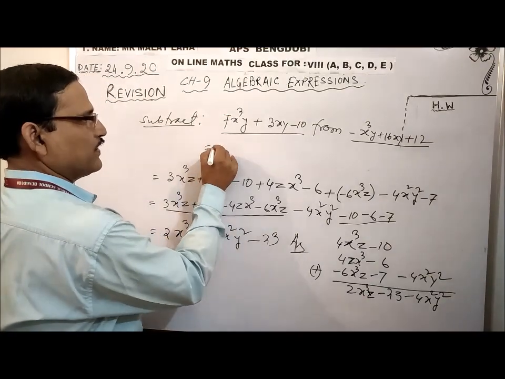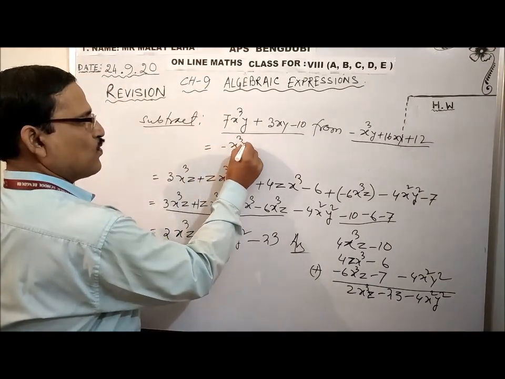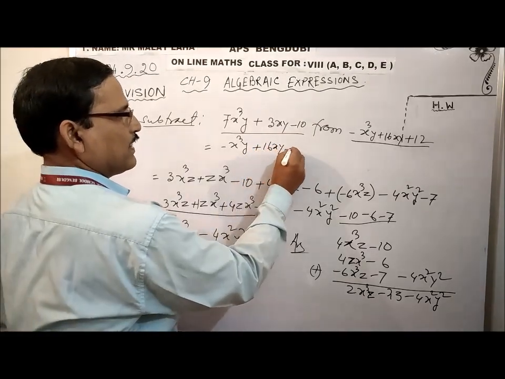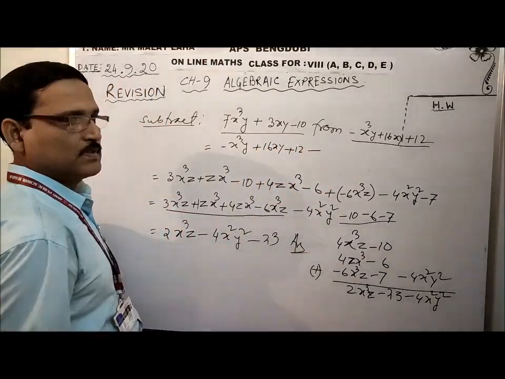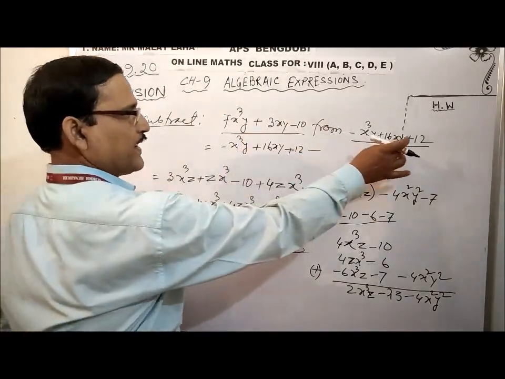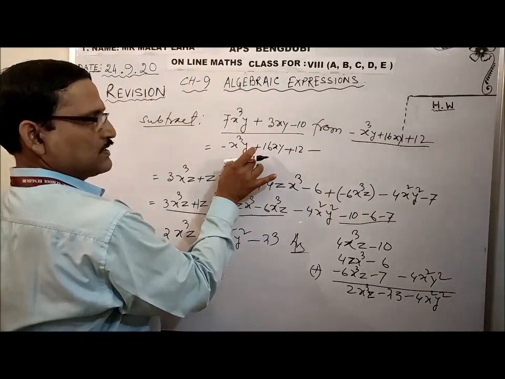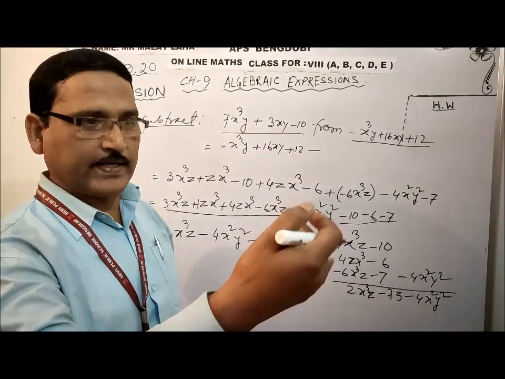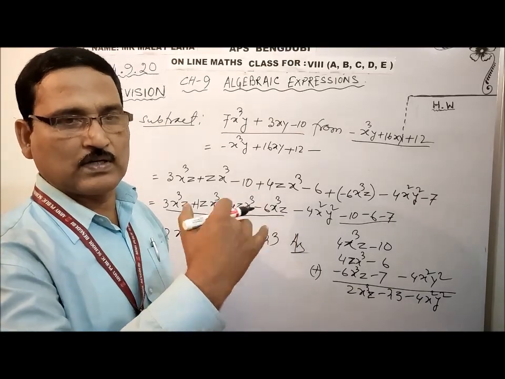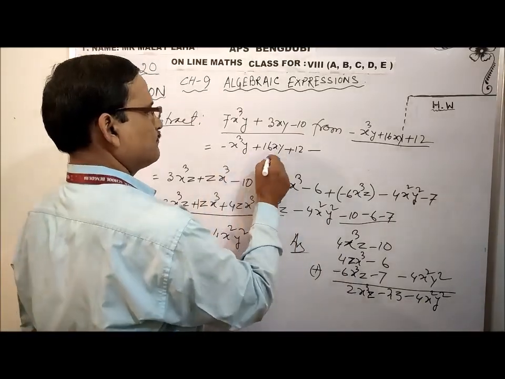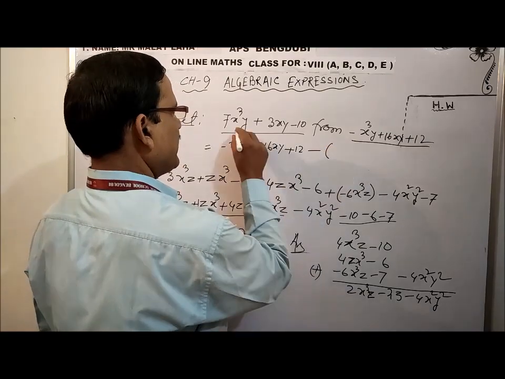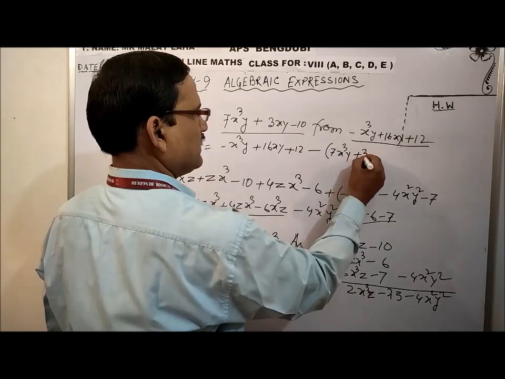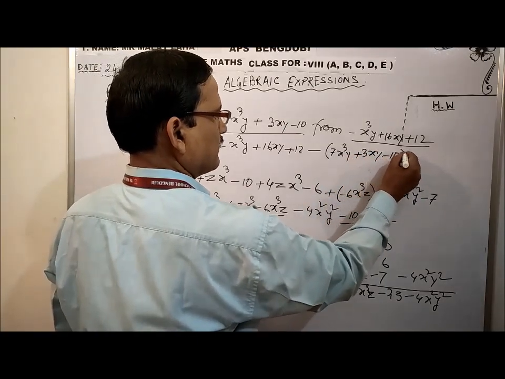That means this way: minus x cube y plus 16xy plus 12 minus, we have to subtract this one from that, so this will come first. Second one will come first, first one will come later. And then in the bracket you write down the entire term, 7x cube y plus 3xy minus 10.